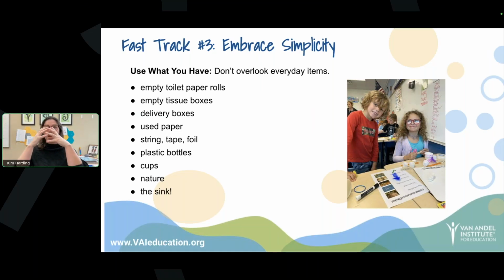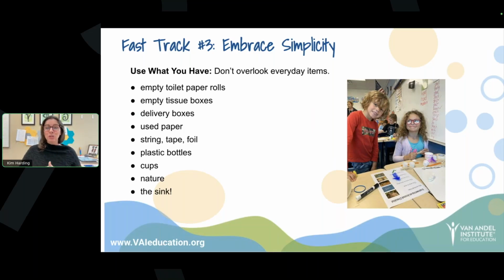Oftentimes, I know me, when I first started teaching, I would think I needed all these very specific things to do something with my students. And then I learned over time that the students will literally use whatever you give them. They don't care what it is. They just want to get hands-on and then be creative and represent something that they're proud of, that they've learned about. So using what you have and not overlooking your everyday items that are just in your classroom.